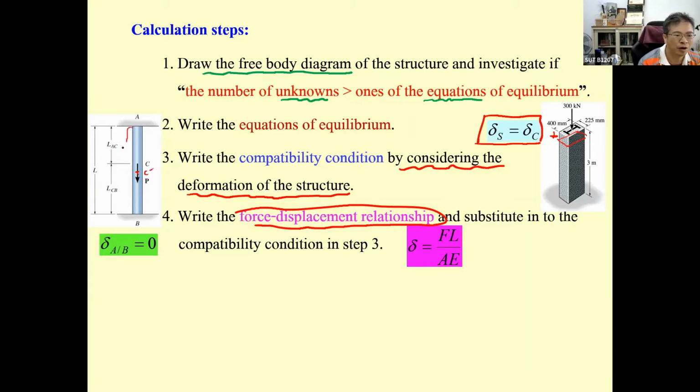So the AC will change to A C prime, and the BC will change to B C prime.